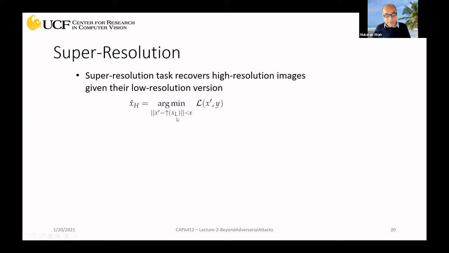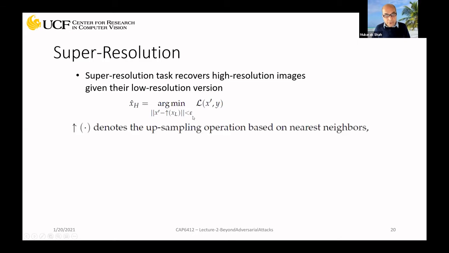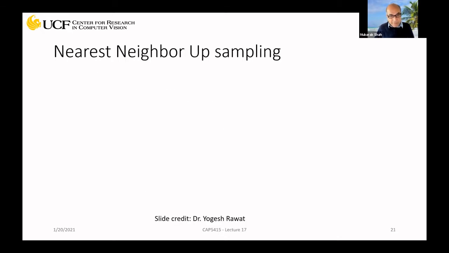XL is the low resolution, and again we have this constraint that they have to be within this epsilon of the upsampled version. We are given the low resolution, and we want to get a super resolution, but the constraint is in terms of some upscale version of the low resolution. There are many different ways to upscale. Here they use what is called the nearest neighbor.